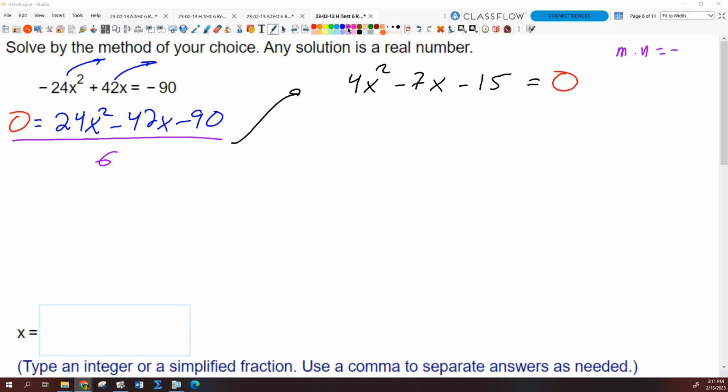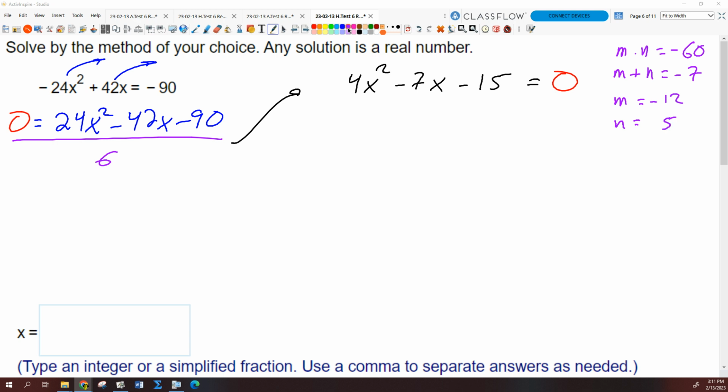So it'd have to multiply to negative 60, and they would have to add to negative 7, right? Because we're just using this equation. We're going to use the simpler one, okay? Multiply to A times C, add to B. What numbers do that? Negative 12, positive 5, yeah.